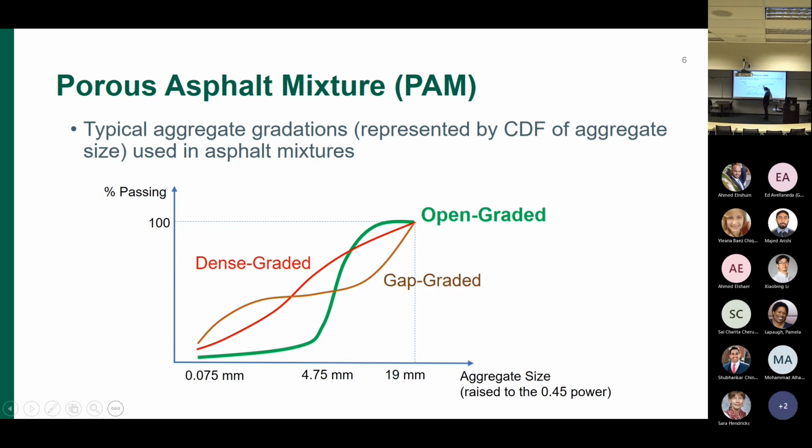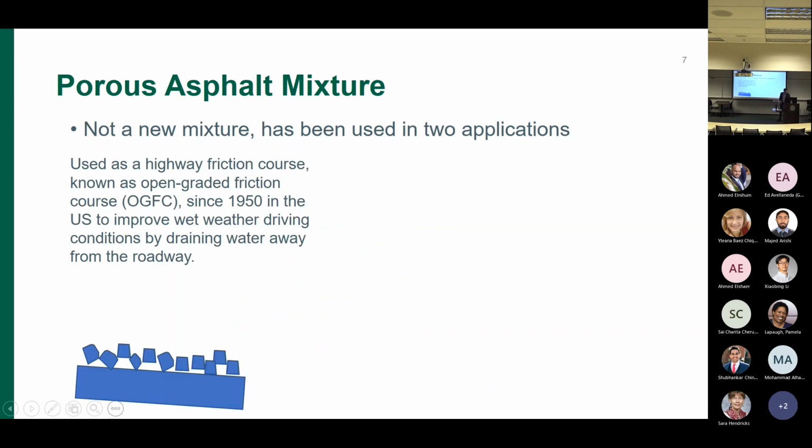The example of the CDF looks like this, so from here you can see that there are two pieces in the probability function, one at the small aggregate size, another at the large aggregate size. So this type of gradation has a high content of coarse aggregates and also a high content of fine aggregates.